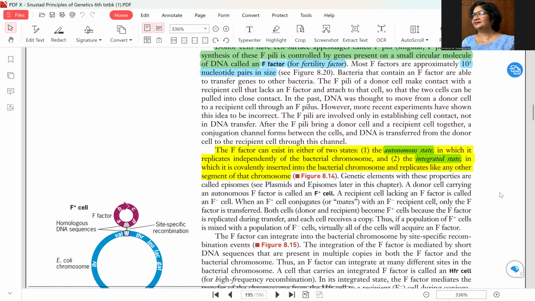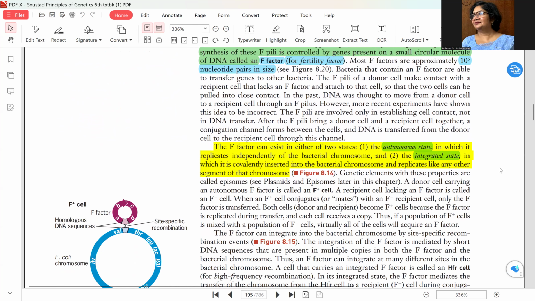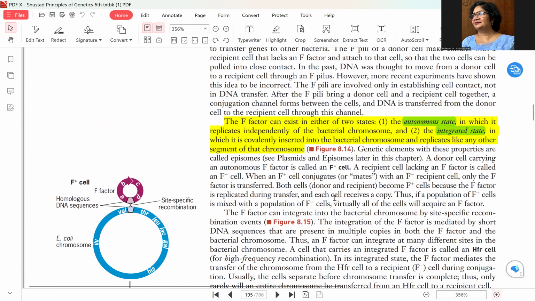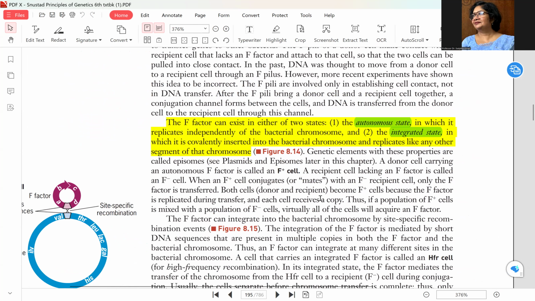So F factor can be present in two states. One is the autonomous state, where the F factor is present free in the cytoplasm, and the other is the integrated state, when F factor is present as a part of the bacterial chromosome, integrated into it.